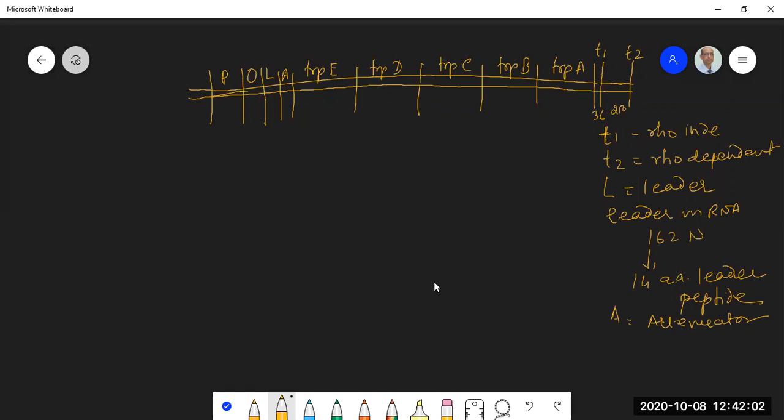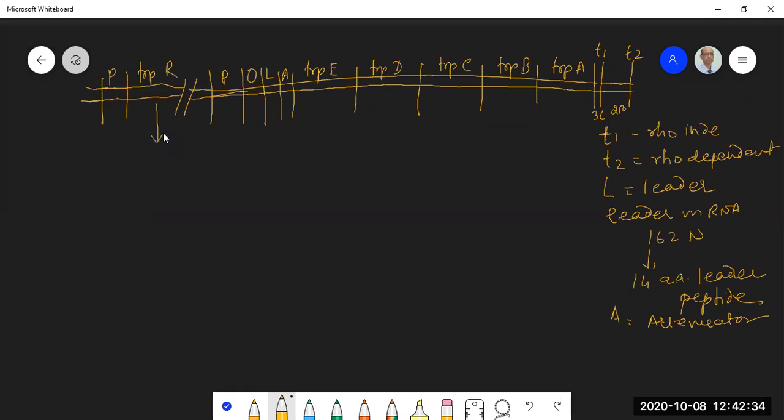Further upstream, with a gap, indicated by these two lines, there is a regulatory gene called TRPR. This is not immediately next to the promoter region. There is some gap. And this TRPR has its own promoter where RNA polymerase will bind and transcribe TRPR.